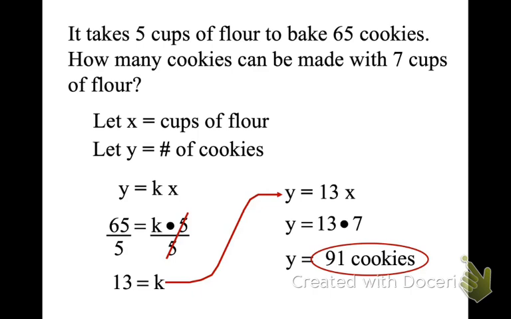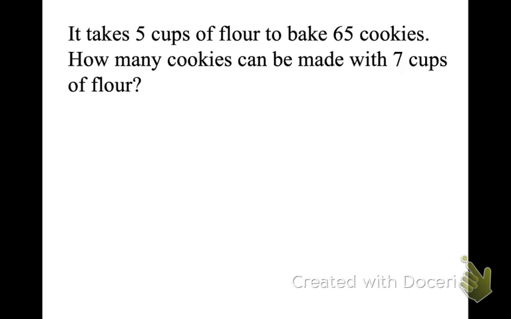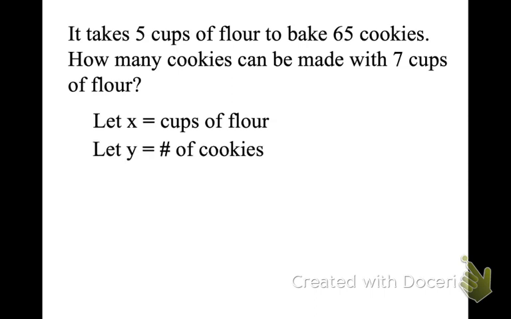So again, let's go back through. In a word problem, what's the dependent variable? Our cookies depend on flour, so our cookies are y. And so if I say y equals, our cookies are dependent on a certain number of cups times the number of flour.